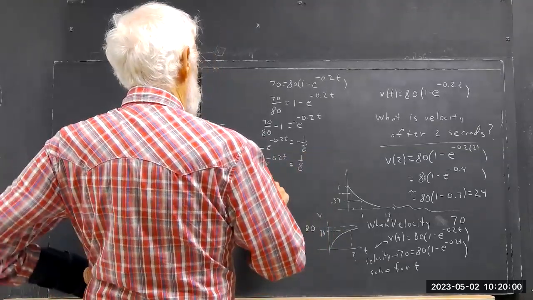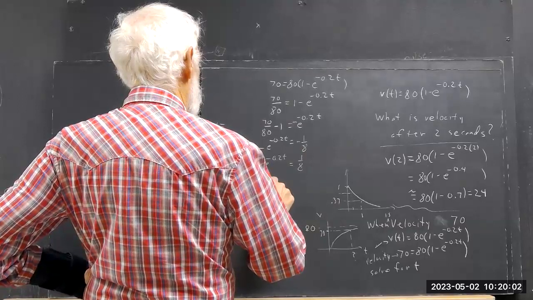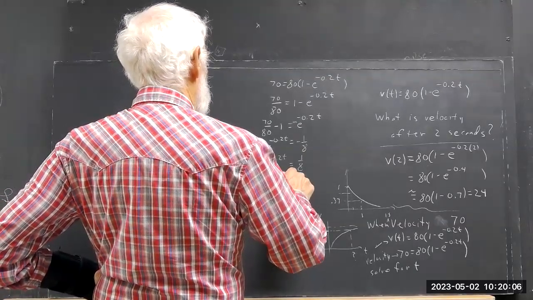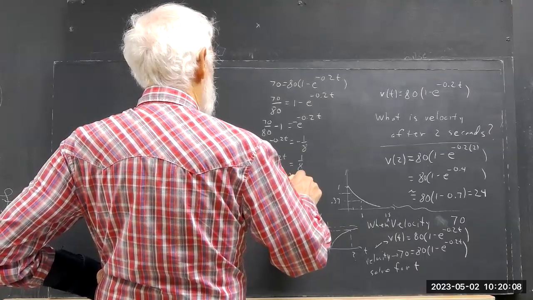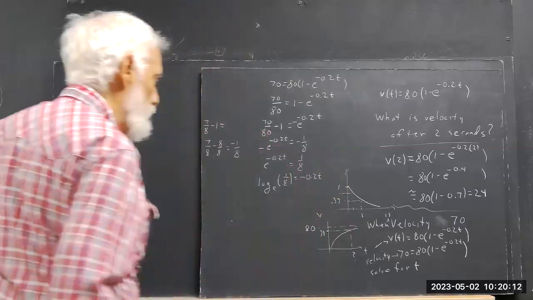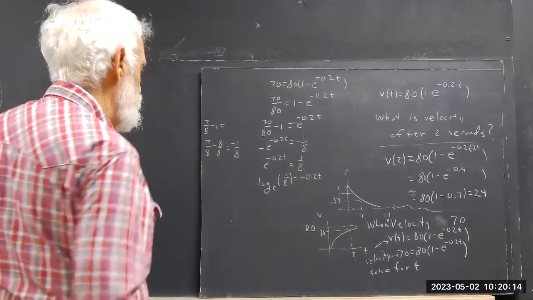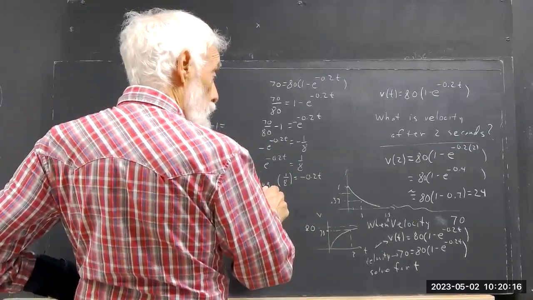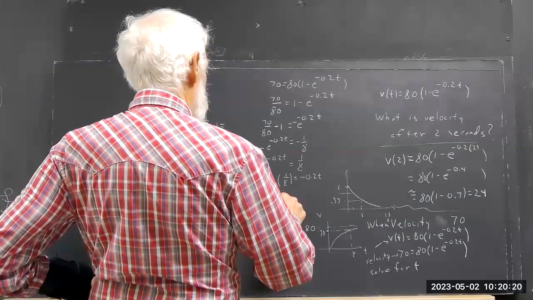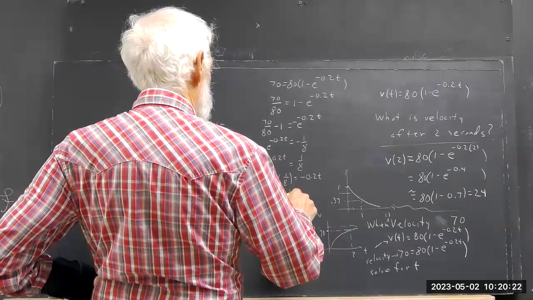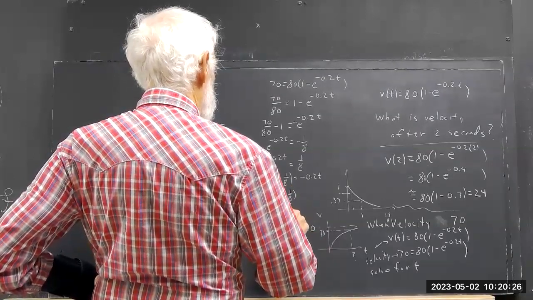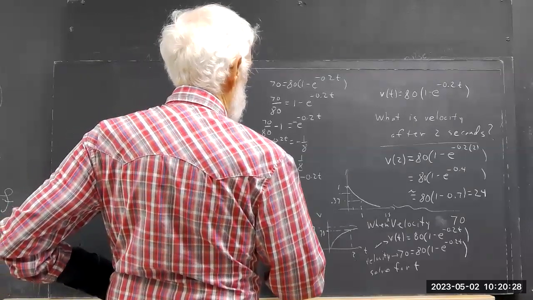So log base e of 1/8 equals negative 0.2t. And of course, that's a natural log. So you get t equals natural log of 1/8 divided by negative 0.2.